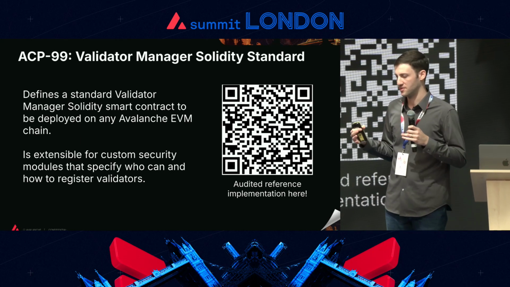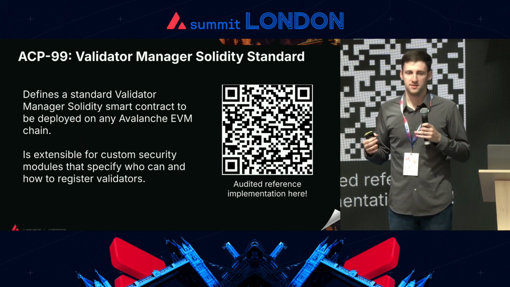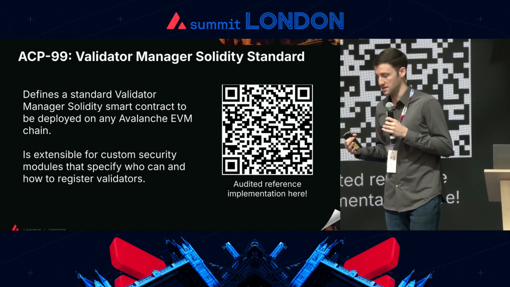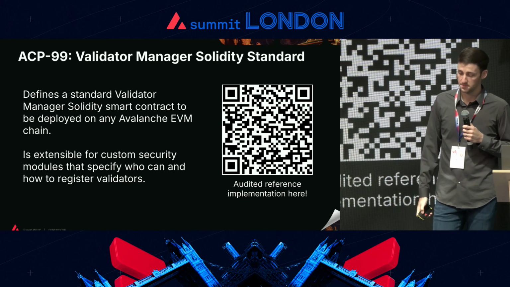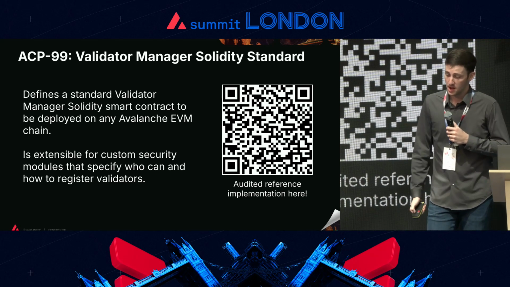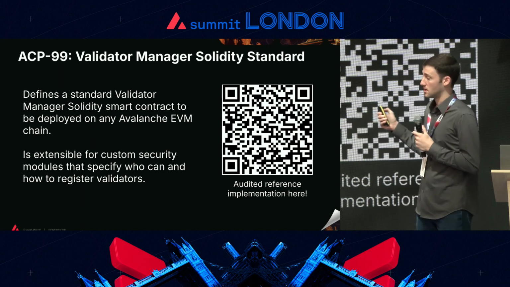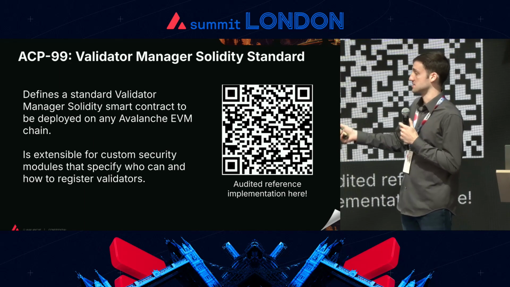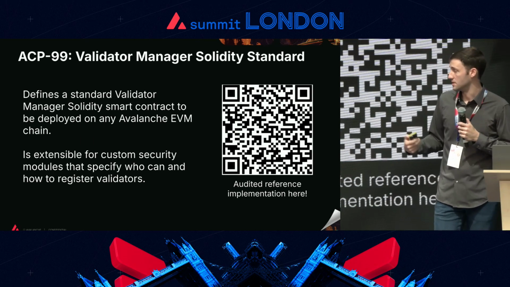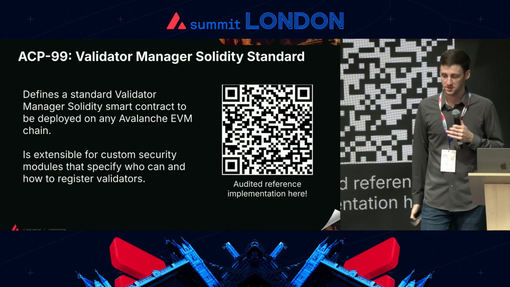And there are trade-offs there to be made as far as ensuring the liveness of your chain, which we can get into later. And the contracts are importantly extensible for custom security modules that specify who can register validators and how to register validators.